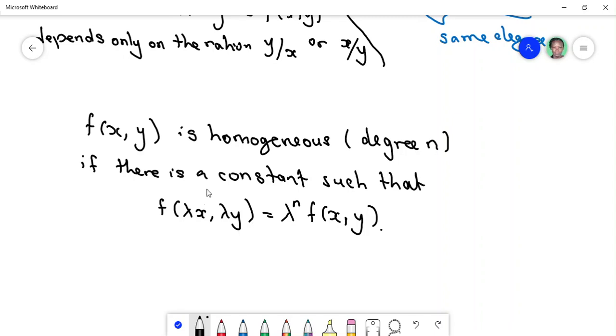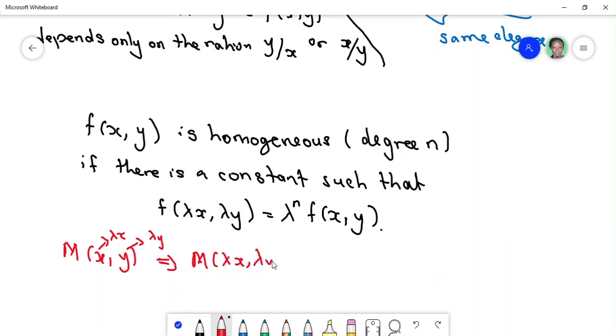So what does it mean from our previous lesson where we had the two functions? I had M of x, y. So what it means is that wherever I see x, I replace with lambda x. Wherever I see y, I replace with lambda y. So that I have M of lambda x, lambda y.